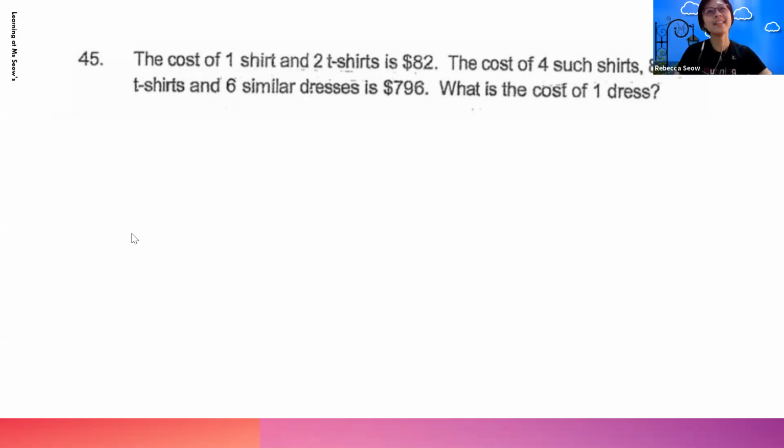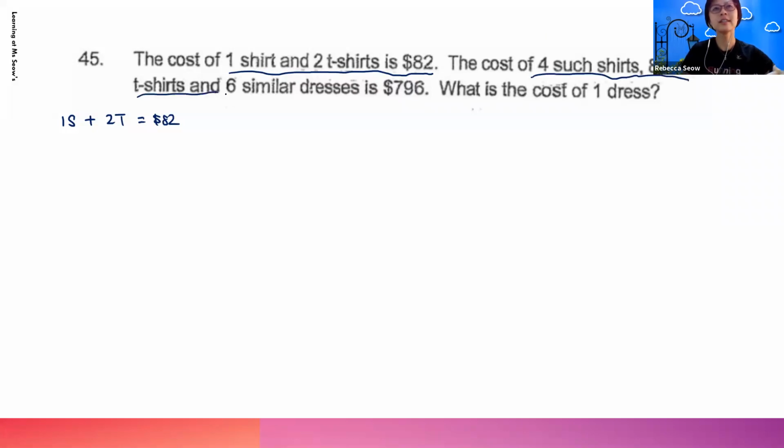Okay, let's take a look at this question. The question says the cost of one shirt and two t-shirts is $82. So instead of so many words, I'm going to put down 1S plus 2T equals $82. And the cost of 4 such shirts, 8 such t-shirts, 6 similar dresses is $796.